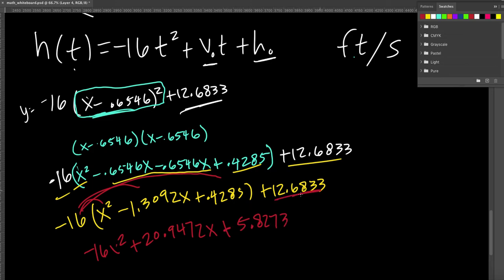Okay, and then I tack this on the end, plus 12.6833. And the last piece is I just need to combine both of those. So I get negative 16x squared plus 20.9472x.